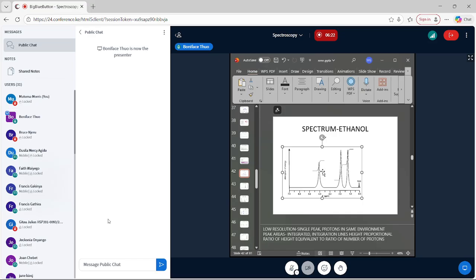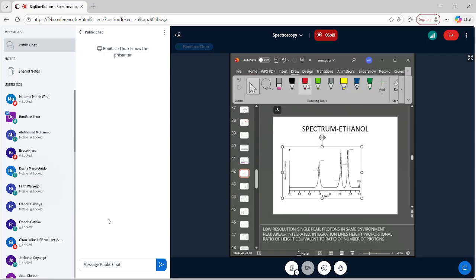In addition, we have some sigmoid curves on this spectrum. These sigmoid curves are actually integration lines, and they are indicative of the intensity of absorption.